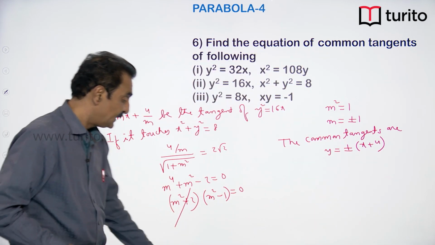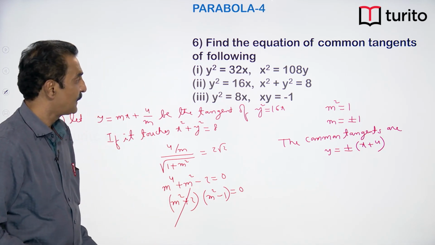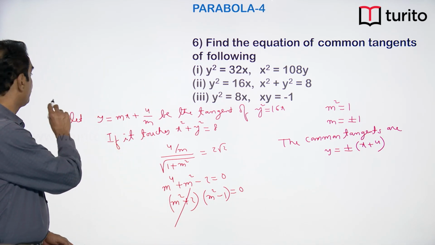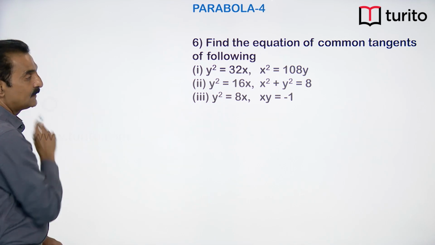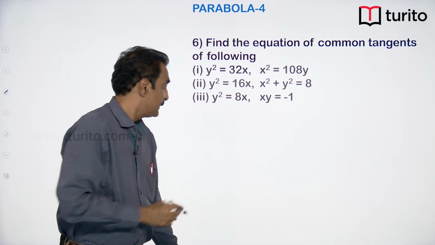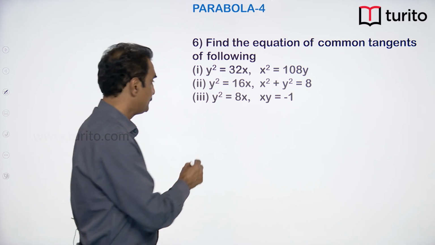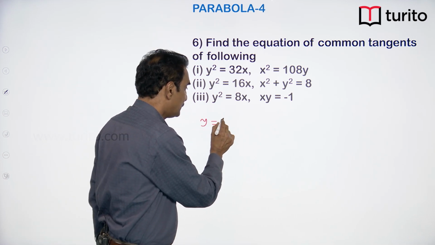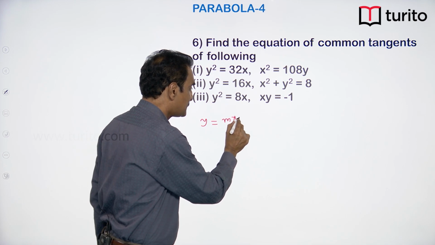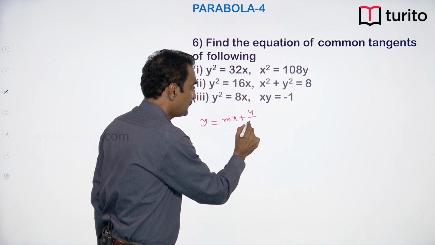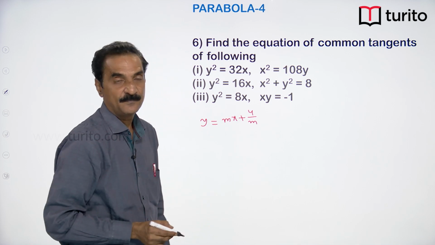Next, in the third question, we take slope form of the tangent of y square is equal to 8x as usual. Y is equal to mx plus 4 by m.